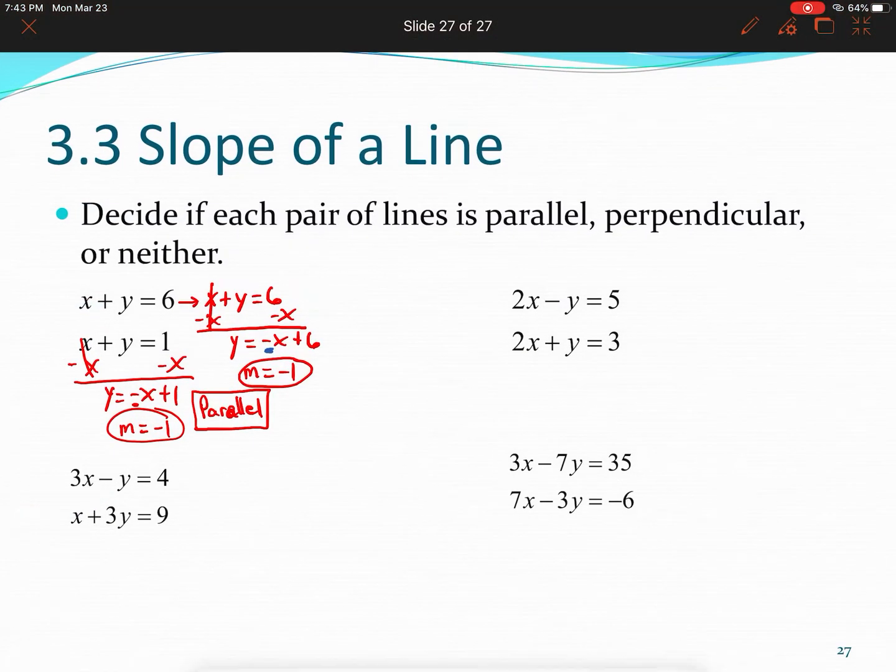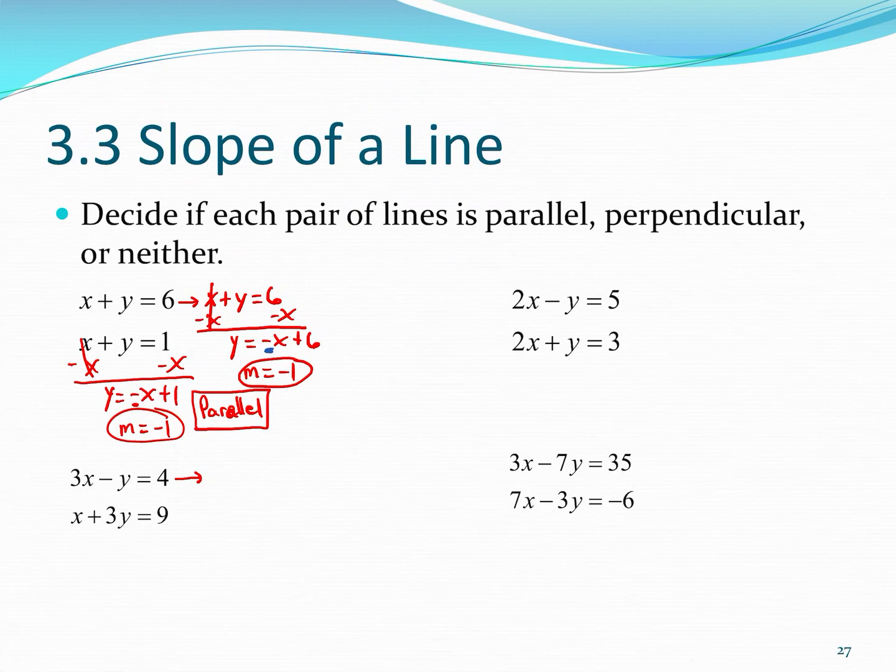Now, go to the bottom set. On the bottom set, if we take this first equation, 3x minus y equals 4, and we solve for y, we're going to subtract 3x. And 3x minus 3x is 0, so we get negative y is equal to negative 3x plus 4.